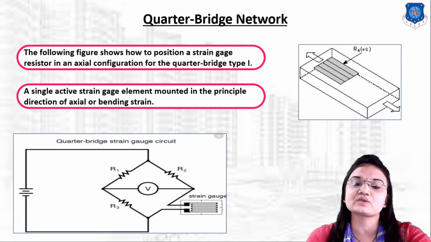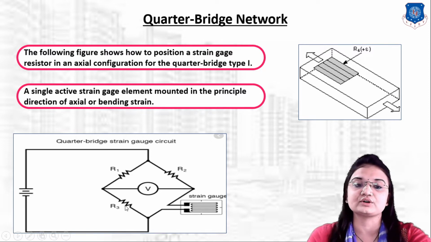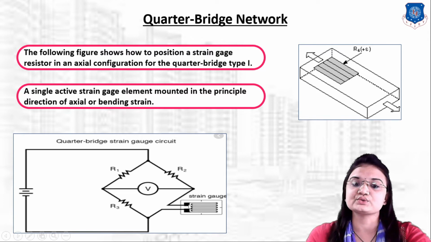Here you can clearly see R1, that is resistance number 1, R2 resistance number 2, R3 resistance number 3, and here we are connecting the strain gauge. In this circuit we are using one strain gauge, so that's why this is the quadrant bridge circuit. When no force is applied to the object, this circuit is in balanced condition.